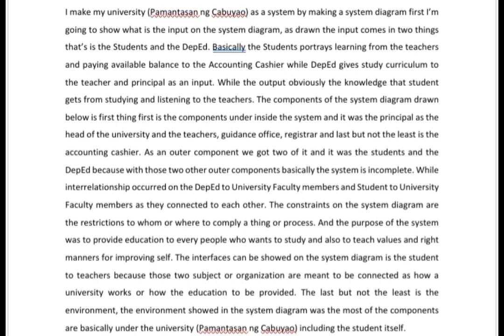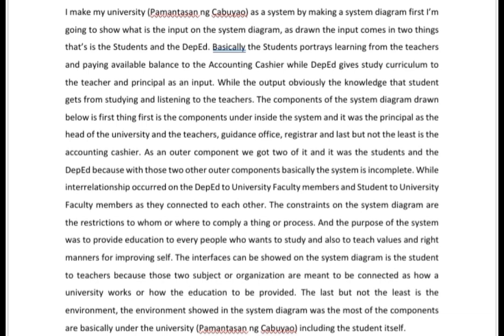Let's go on to interrelationship. Sa system, meron yung interrelationship occurred basically on the DepEd to the university faculty members. Diba? Yung relationship ng outer sa internal. Kumbaga, magkakonekta sila from labas hanggang loob.